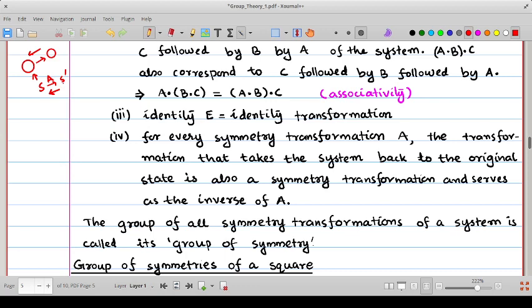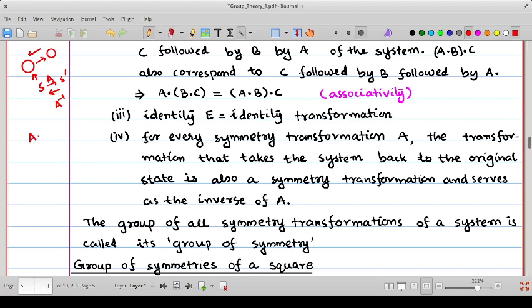That means the transformation from S dash to S is also not changing the state because S and S dash are the same. And if we denote this transformation by A inverse, we see that A inverse is also a transformation that does not change the system. And therefore, this inverse transformation from S dash to S is also a symmetry transformation.